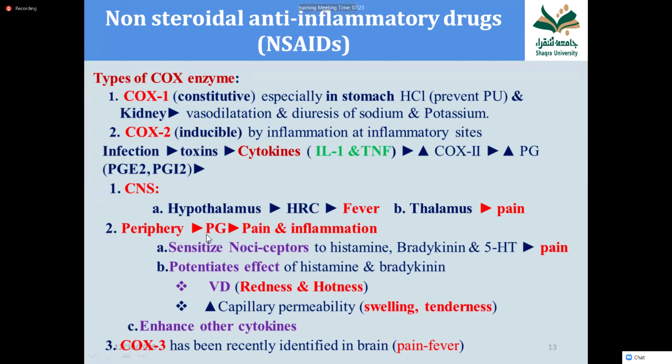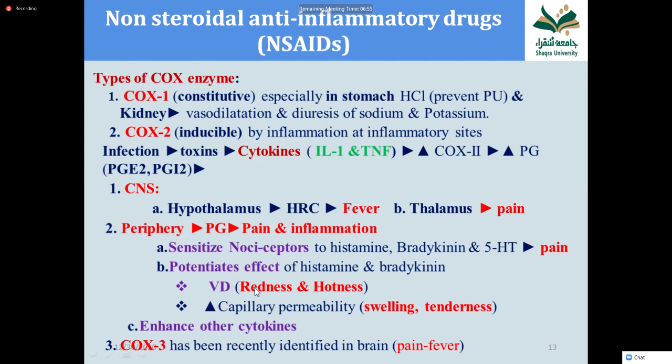Peripherally, prostaglandins are responsible for pain and inflammation and sensitize nociceptors to histamine, bradykinin, and serotonin, and these are responsible for the pain. They potentiate the effect of histamine and bradykinin by vasodilation.